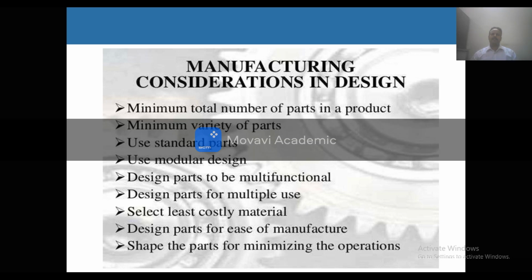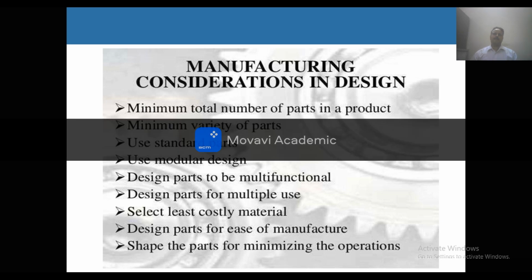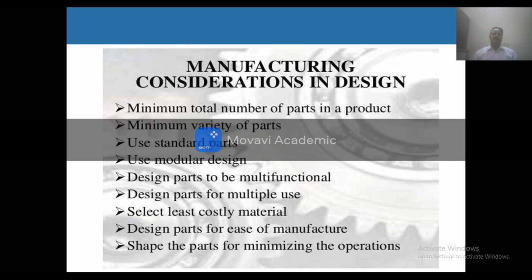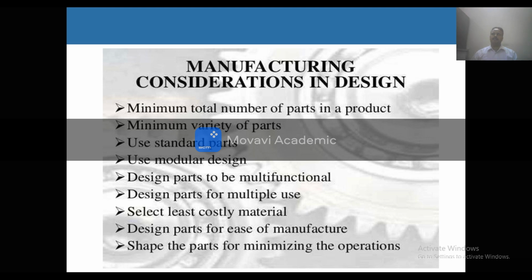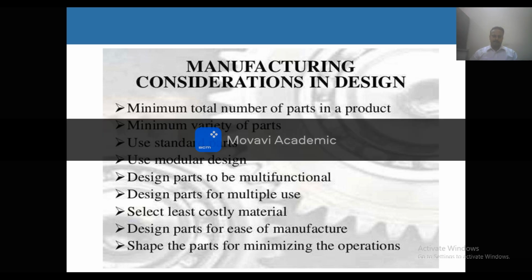Use modular design. Modular design conforms to those types of design parameters or design sections which are readily available, readily acceptable and readily in practice. If the parts that we are designing are multifunctional in nature, it provides the user with more options.